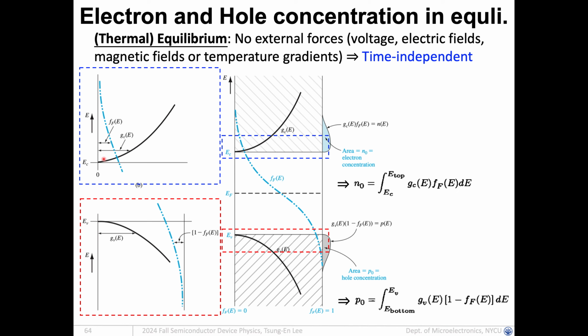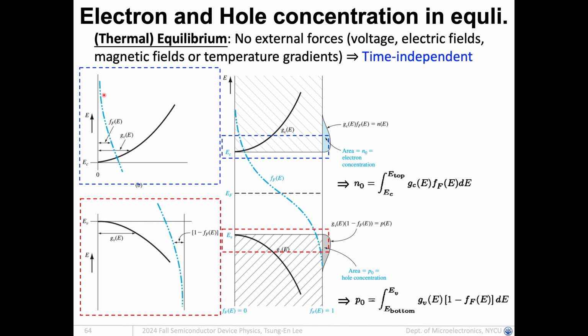So let's quickly review again. We are interested in this region. There are a lot of states that the electron can occupy, but the probability that the electron occupies each energy level is shown in this blue curve. And for holes, that is the opposite. So we should look at 1 minus the Fermi function, which means the area of this region.